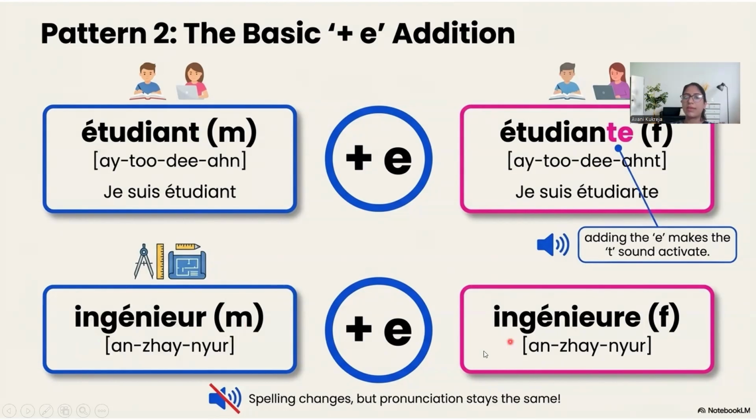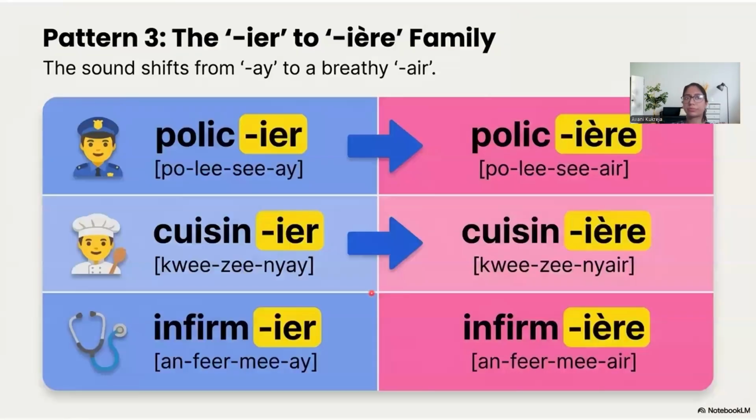For feminine, we just add an e. The pronunciation will be the same, ingénieur. In this one, the spelling changes, but the pronunciation remains more or less the same. This is type 2 of professions, in which we just add an e to make it feminine.